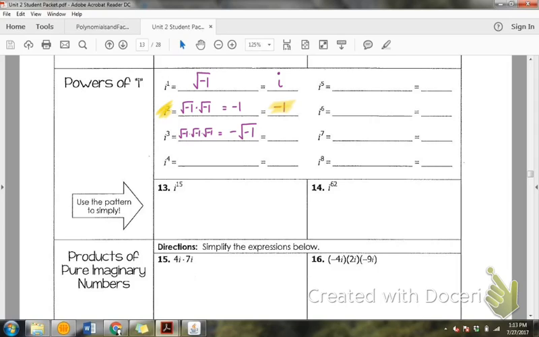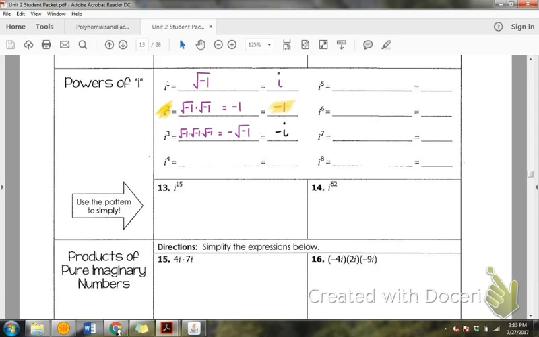What did we say just a few minutes ago? What is the square root of negative 1? It's i, right? So this is like saying negative i. So whenever you have i to the third, you're just going to write it as negative i. But wait, that's a double negative? It's not a double negative. i stands for the square root of a negative number.